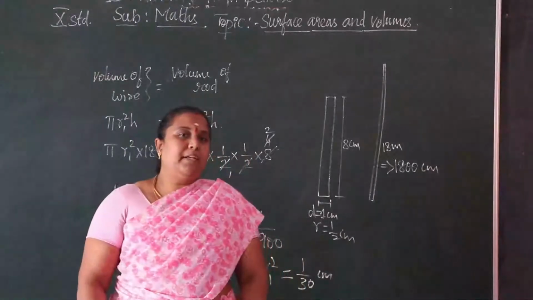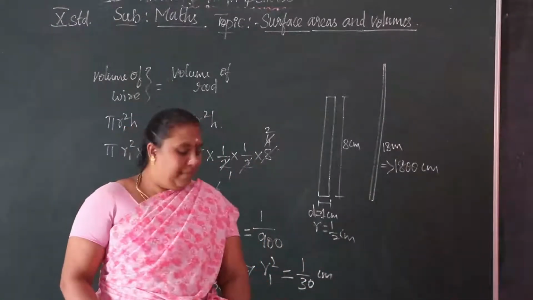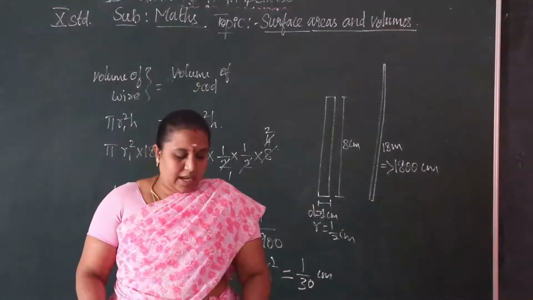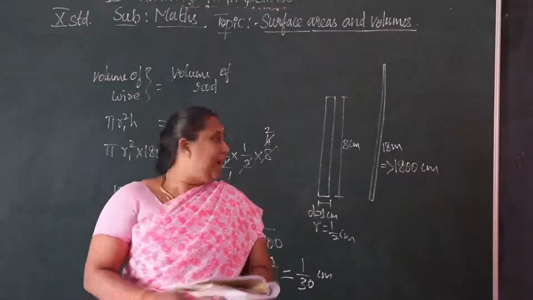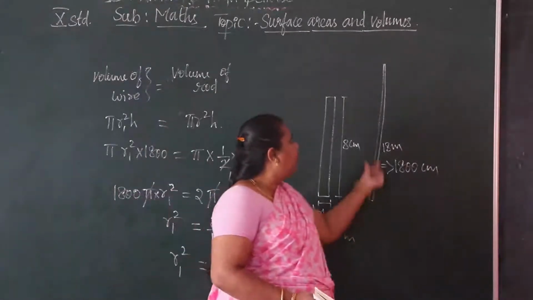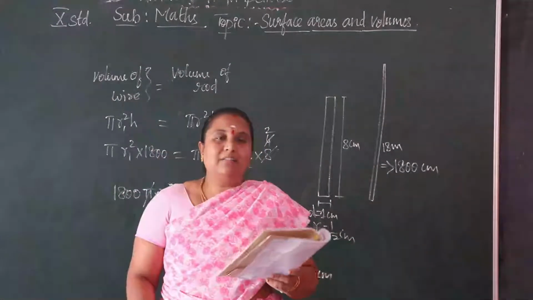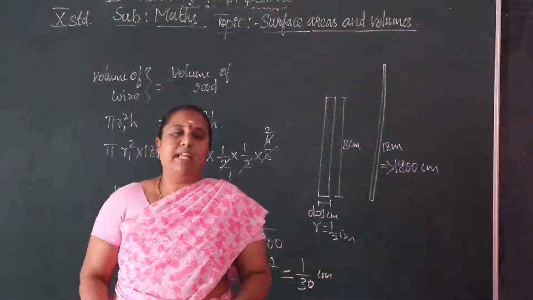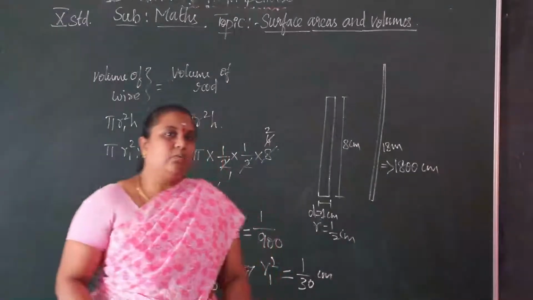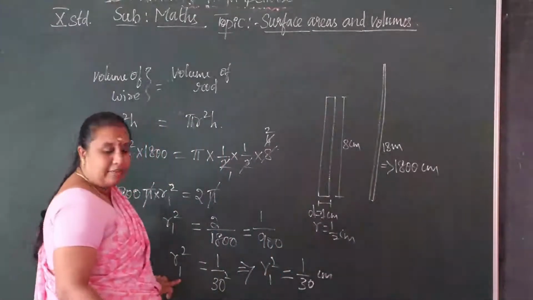So the diameter of the cross section. We have to find the diameter of the cross section. The thickness of the wire is 1 by 15 centimeter. How do we find 1 by 15?